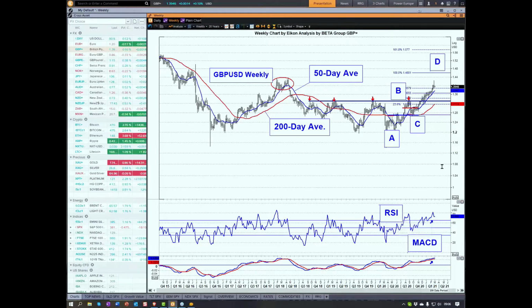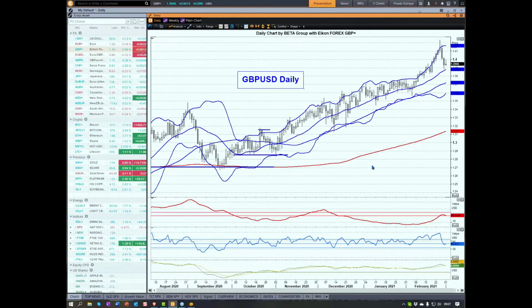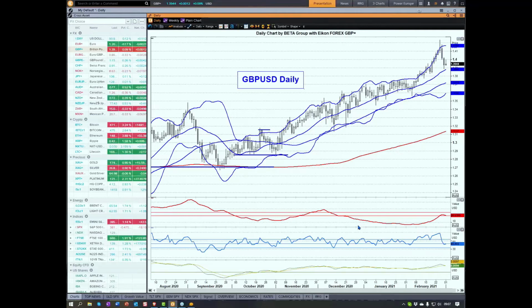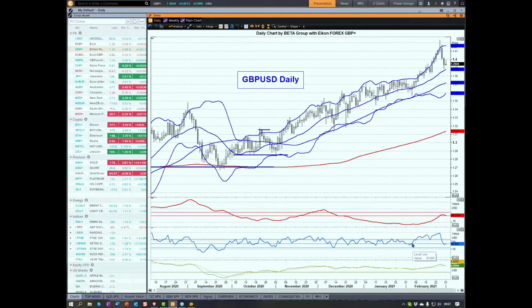I know it's high, but it's probably just correcting. The weekly MACD is still positive, so that looks good. For many traders, they will be looking at this kind of pullback correction in the RSI as a setup for a buy opportunity in the direction of the weekly MACD. The last time we had this was here, there.